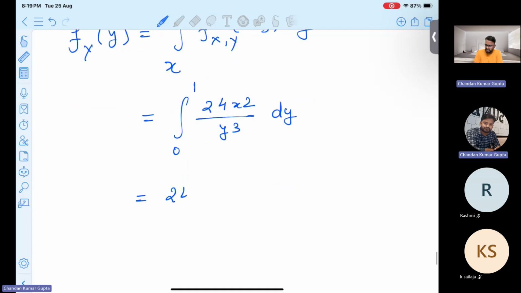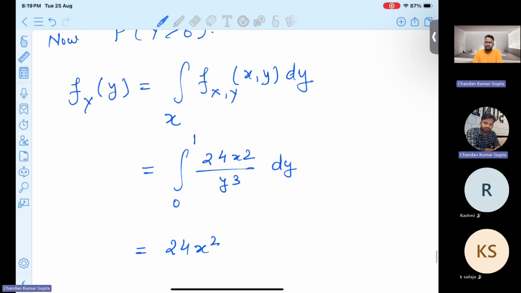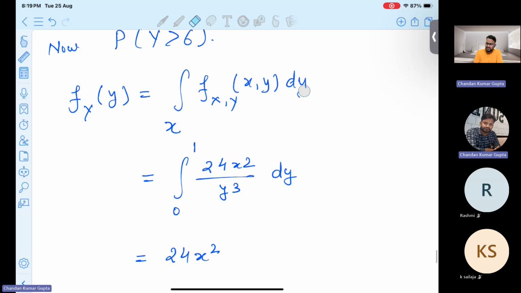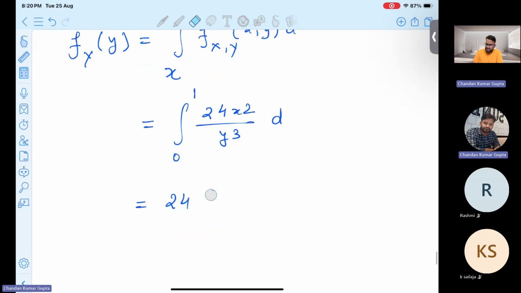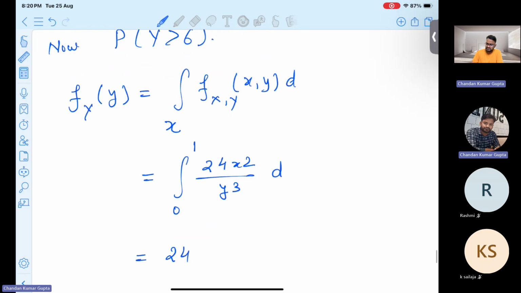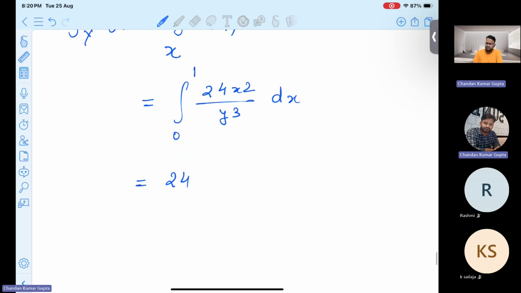It's 24 upon y cube taken outside. Okay, I have made some mistake actually here. We need to find the marginal of y, so the integral is over x. So that means here I need to write dx.